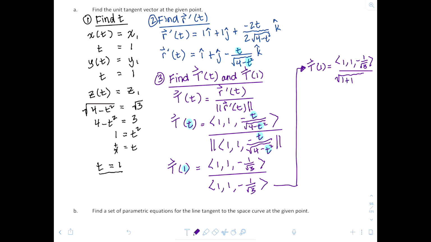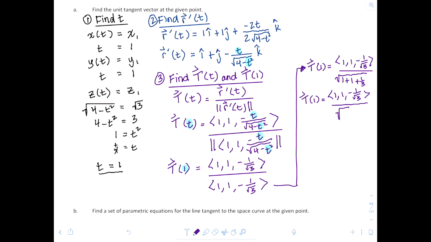So 1 plus 1 plus 1/3. And then that's going to be what? 7/3.